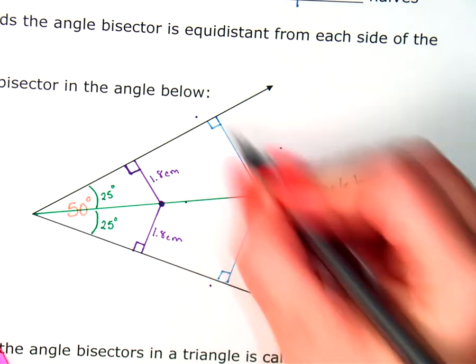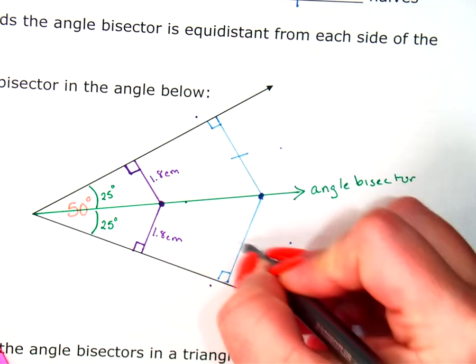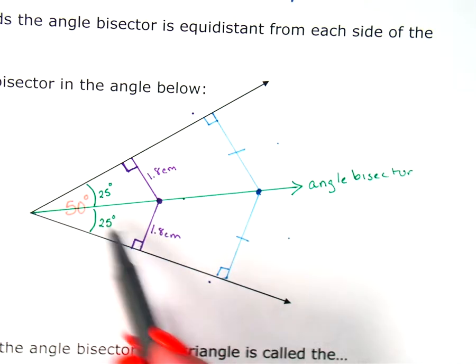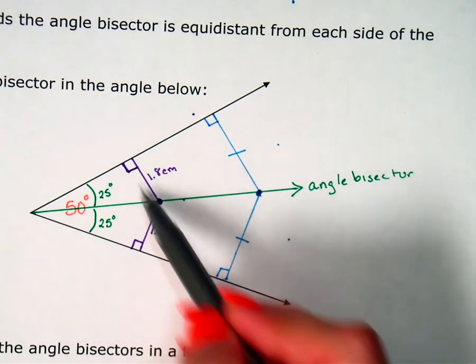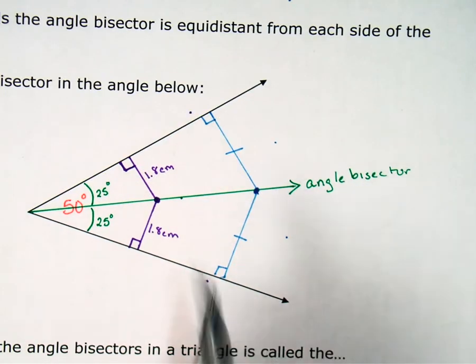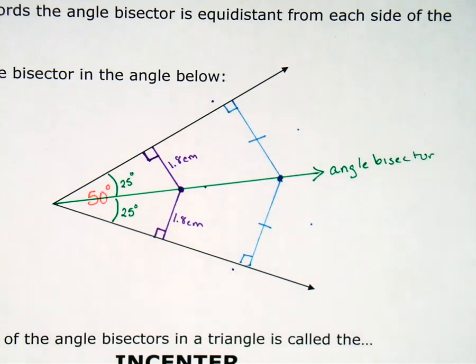So again, these are the perpendicular distances, and these are going to be the same length. No matter where I pick a point on this line, it's going to be the same distance perpendicularly to each side.